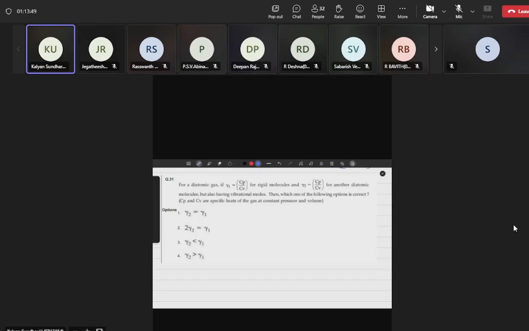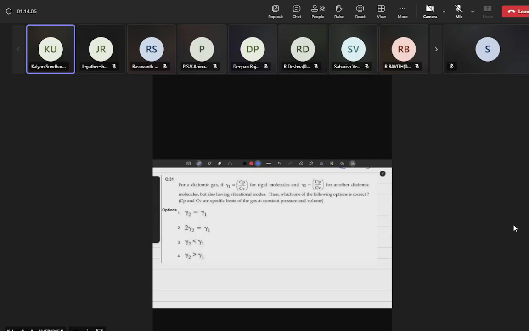So initially, for a diatomic, what is the degree of freedom? 5. If it has one more additional energy mode, vibrational, it will become 6. Sorry, 6 is the degree of freedom, right? That is what is given here. Which one of the following options is correct?